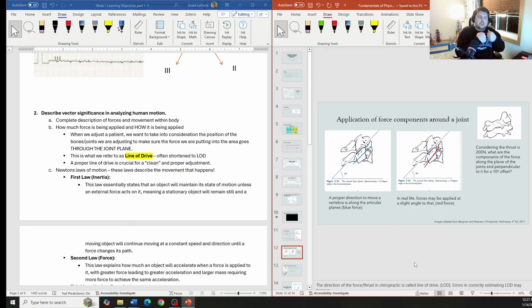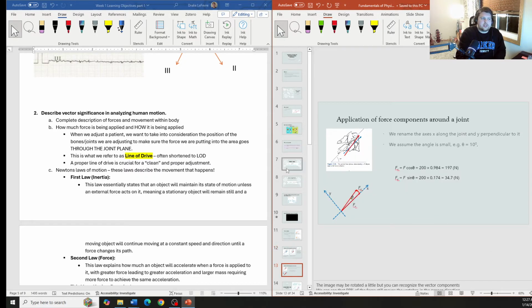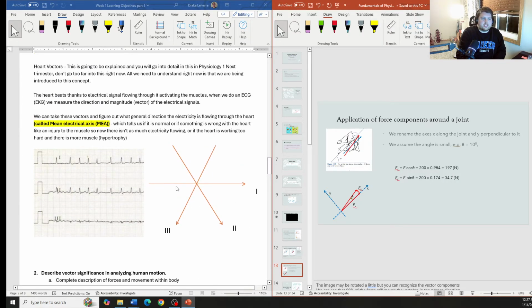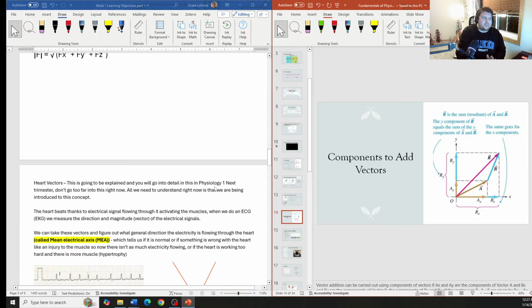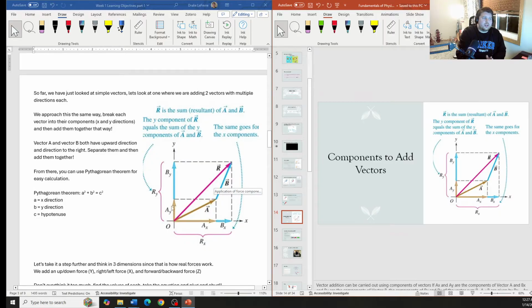There's no smashing together of the joints. That's why we understand the specific forces, because if we're off on the force, we're sending force into other parts of the joint that we might not want to be sending force into. We want to be specific when we adjust.